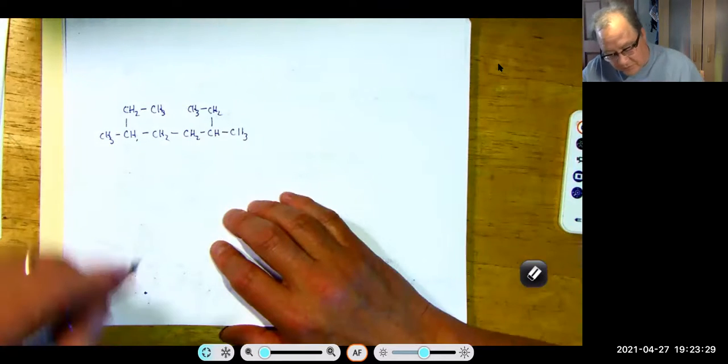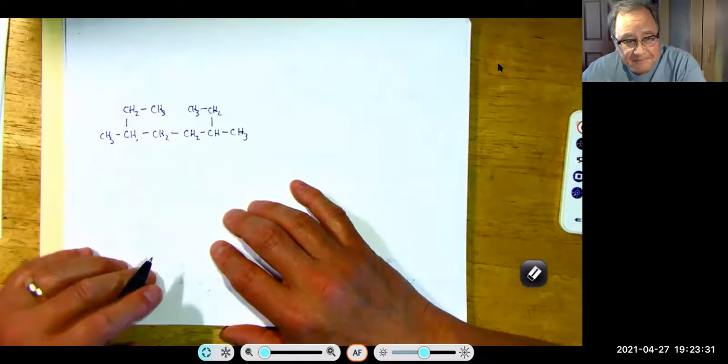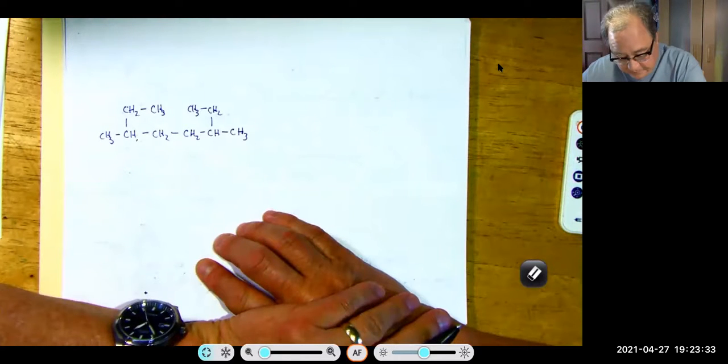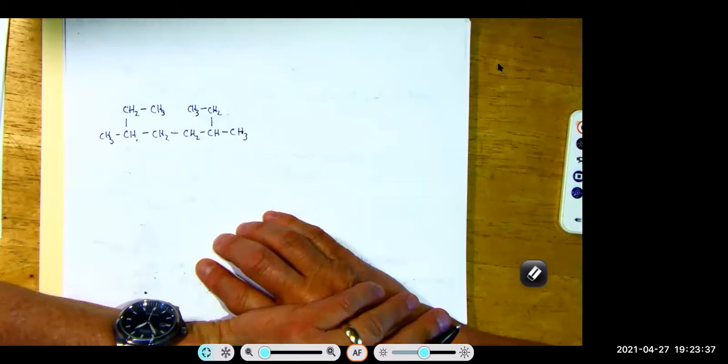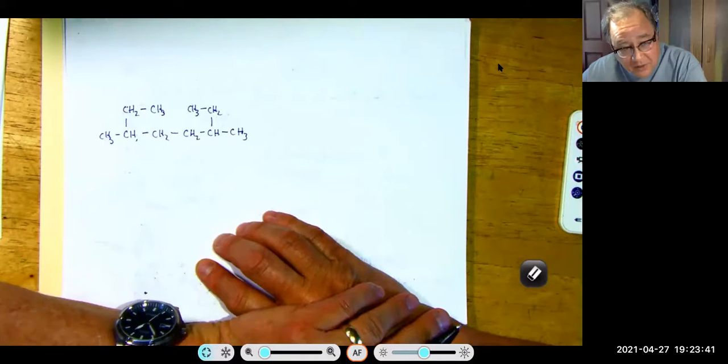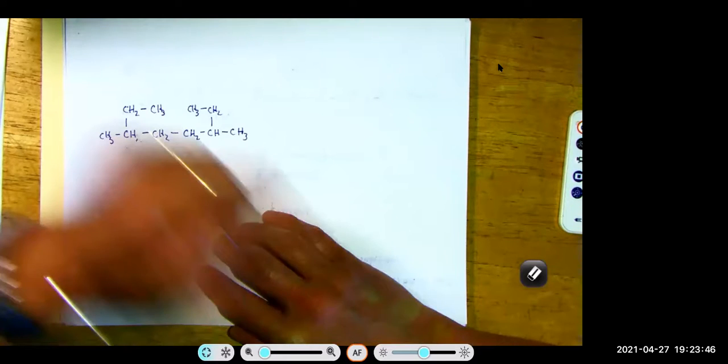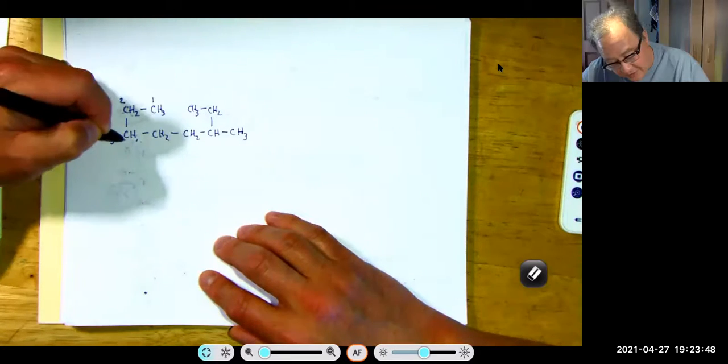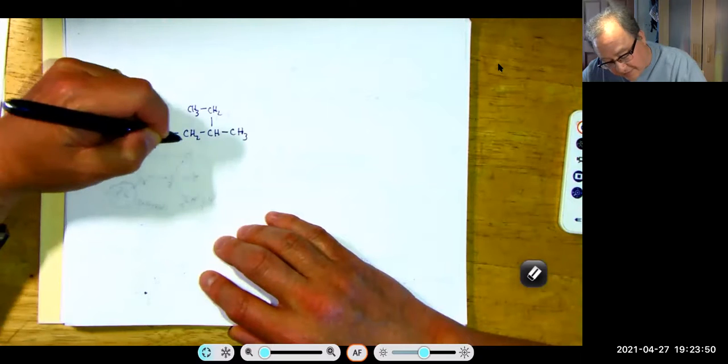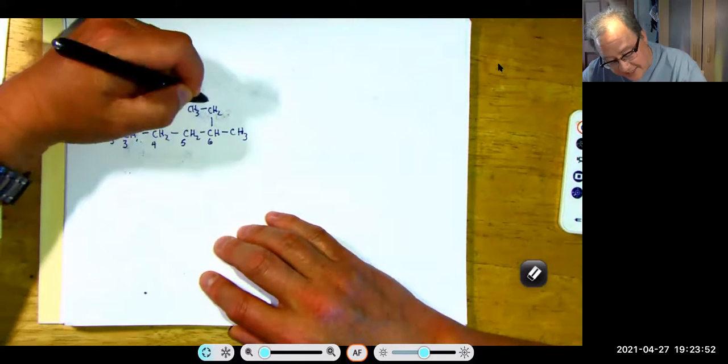So what's the parent? Octa? Is there 8? You think there's 8 carbons in a row? 1, 2, 3, 4, 5, 6, 7, 8.